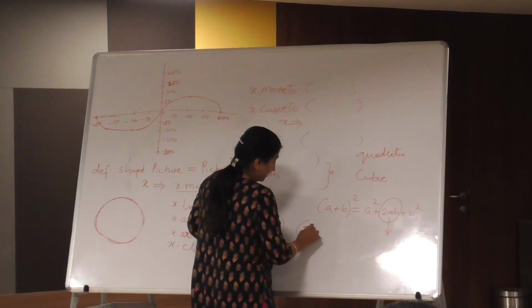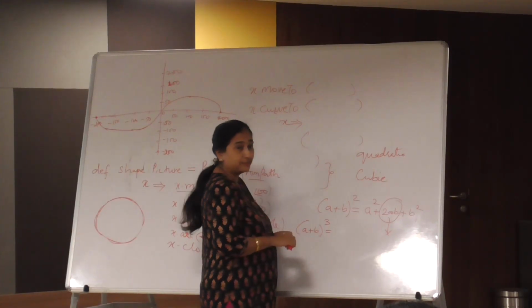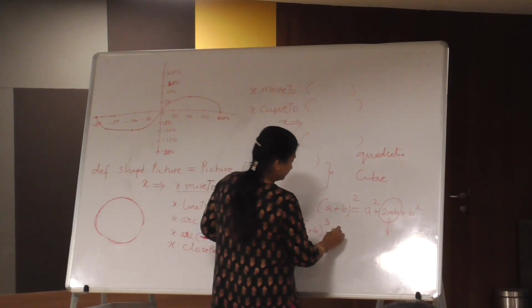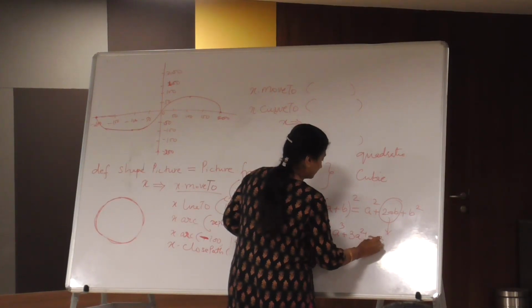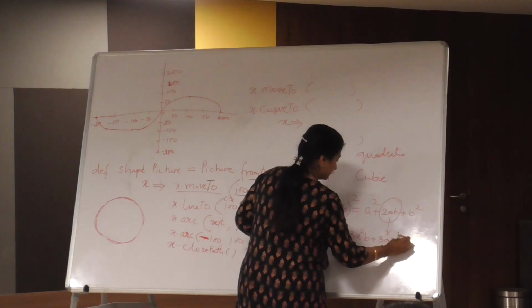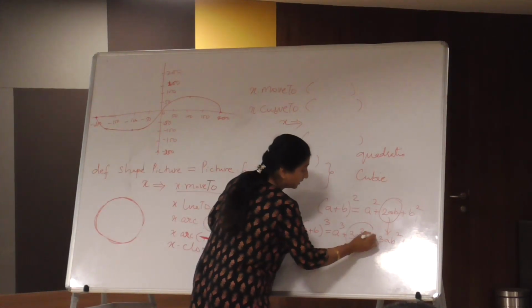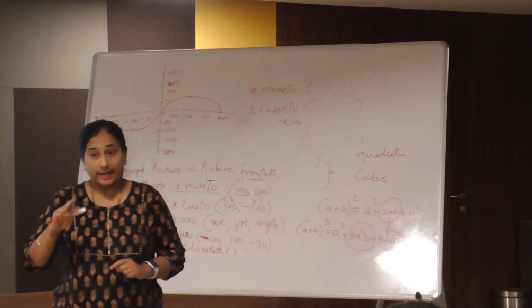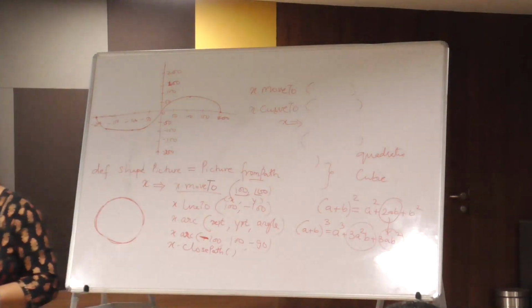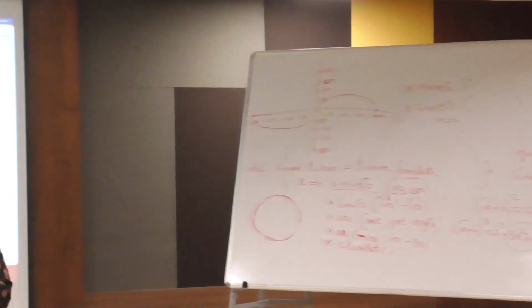Can somebody tell me what is a plus b the whole cube expansion? A cube plus 3a square b plus 3ab square plus b cube. Here there are 2 terms involving ab. Hence, there are 2 control points. So, which curve are we studying?